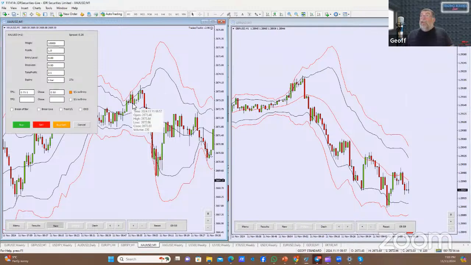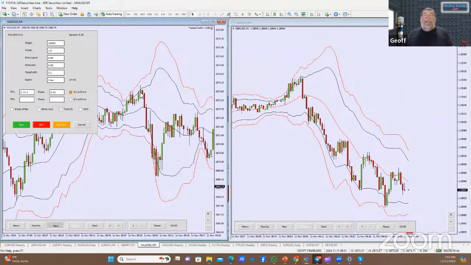So there's one close and there's our second close below the 2 standard deviation line. So we would put our entry here and we would put our stop loss above the swing. Now, my current rule, and mind you, we're still in development stage of this, my current rule is if that price goes beyond the swing, I would cancel the order.